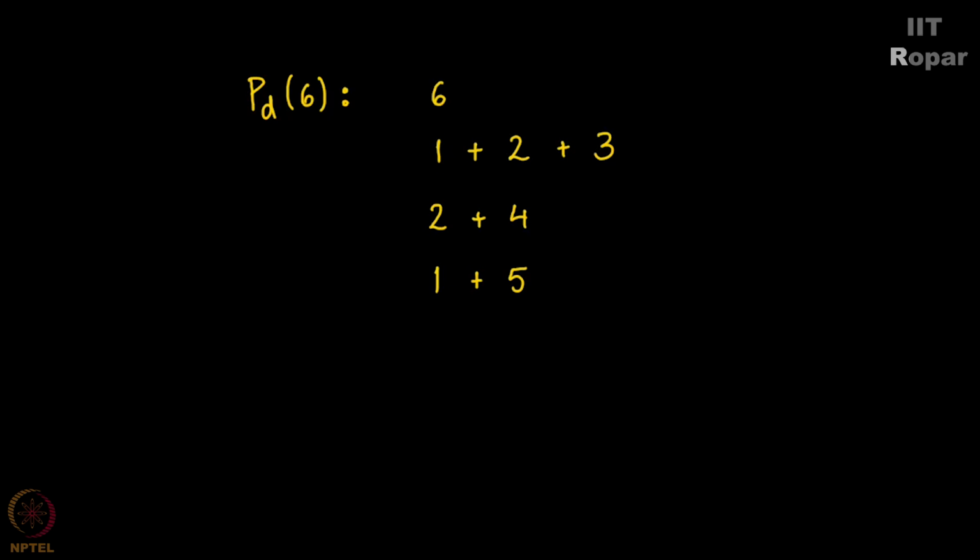Now, when you take a summand k, either it is present or it is not present in the partition. Right? You chose one, either it is there or it is not there. What does this statement mean? Either it is present or it is not present. It means, since we are addressing distinct partitions, it does not repeat, right?